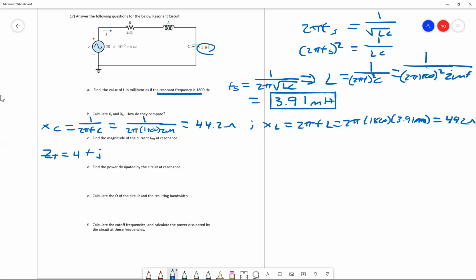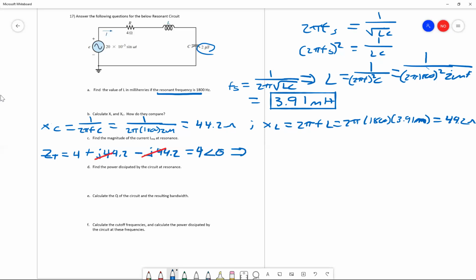And we have J 44.2 minus J 44.2, right? Because the capacitor would be negative JX and the inductor would be positive JX. These are equal to each other, so they cancel out. And impedance is just 4 for the resistor. 4 at an angle of 0, if you prefer to write it that way. It doesn't make a difference.